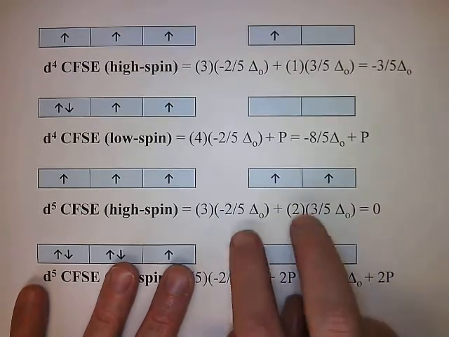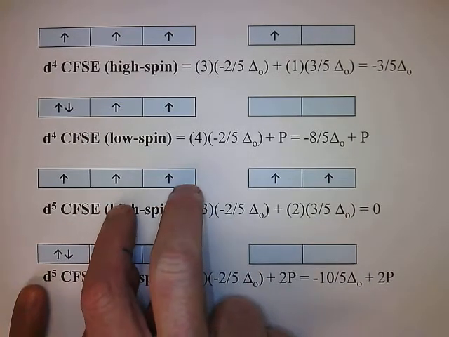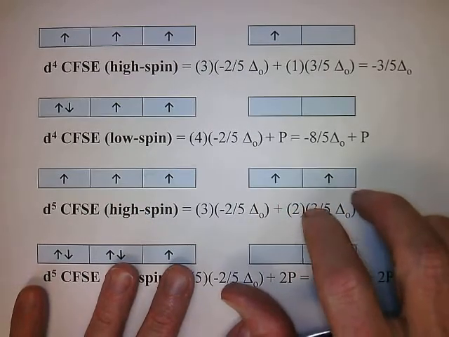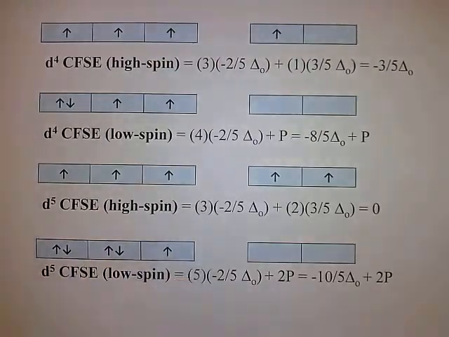So these cancel each other out. The energy that we get out here is negated by the energy that we would have to put in here. It adds up to 0. So there is no crystal field stabilization energy for the high spin D5 case.